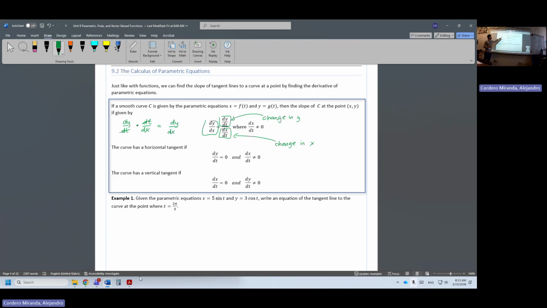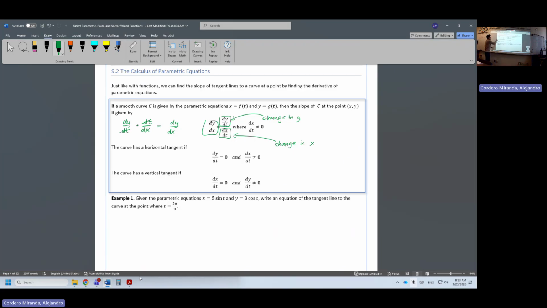Multiplying by dt/dx is the same thing as dividing by dx/dt. Although that one seems a lot less intuitive to me, because conceptually it doesn't mean much to me. But if you like the formulaic way of treating them like fractions, then maybe that will remind you how to do it. Either way, change in y over change in x, dy/dt over dx/dt.